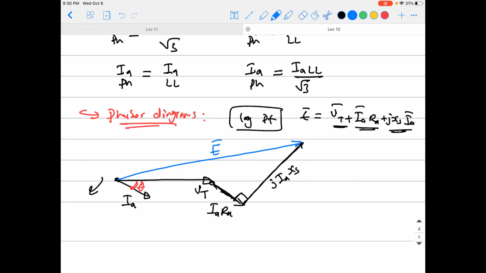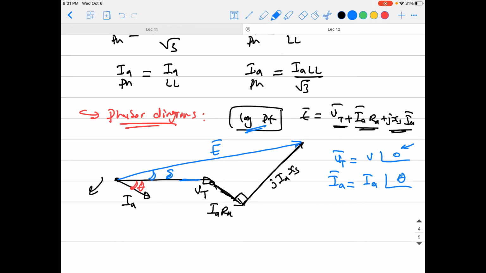As a phasor, E will have an angle between it and the terminal voltage, we call it delta. And that is a lagging power factor, don't forget this. So V terminal as a magnitude will have an RMS value V and angle 0, because we use it as a reference. That's a horizontal phasor, which means its angle is 0. And IA as a phasor will also have an RMS value or magnitude and an angle theta.